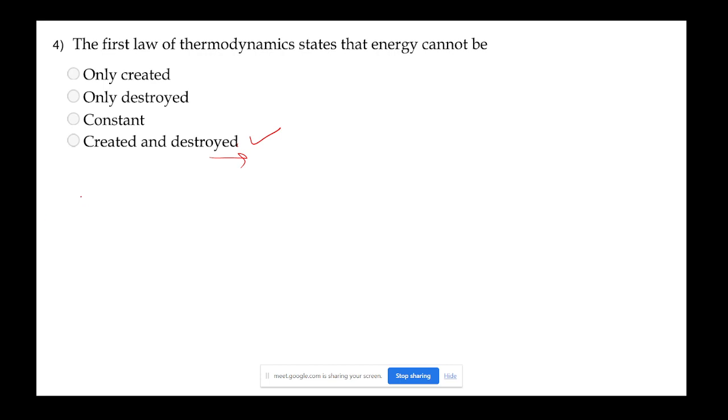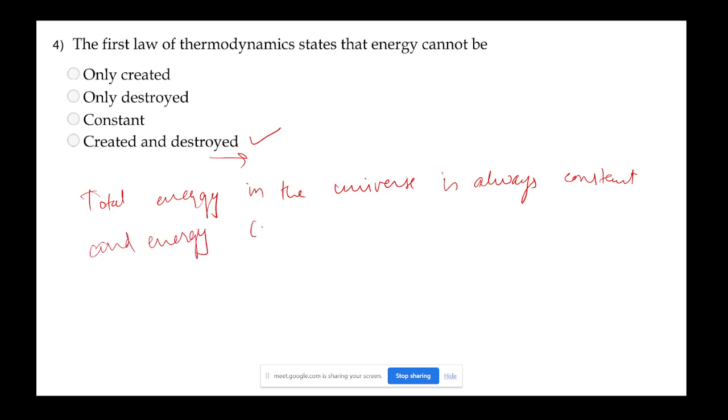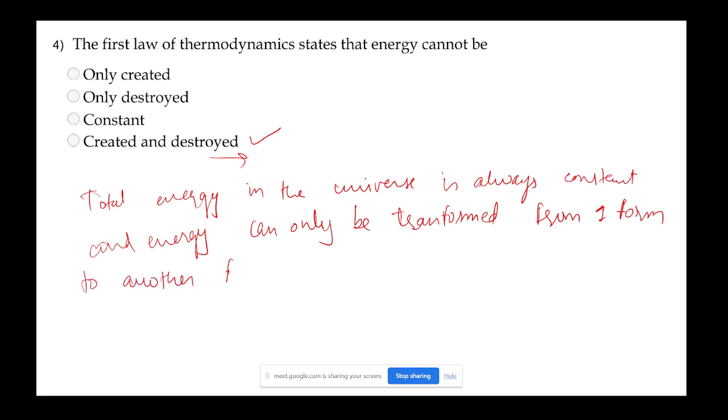So this is the statement: energy cannot be created nor be destroyed, or the total energy in the universe is always constant, and energy can only be transformed from one form to another form. So the correct answer for this question is D.